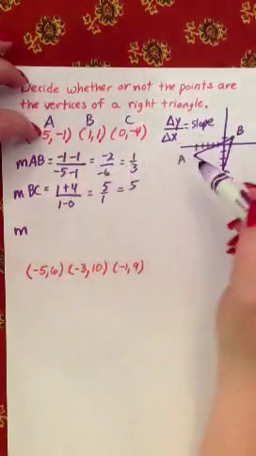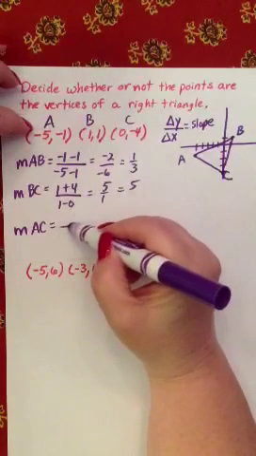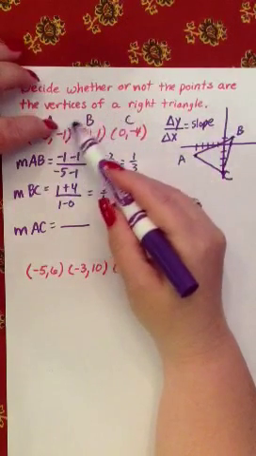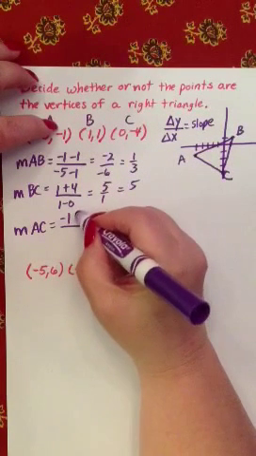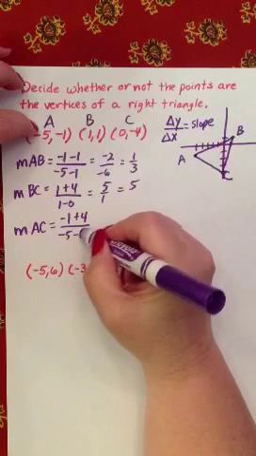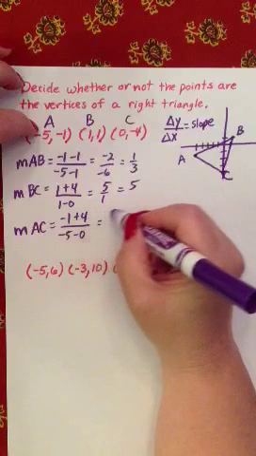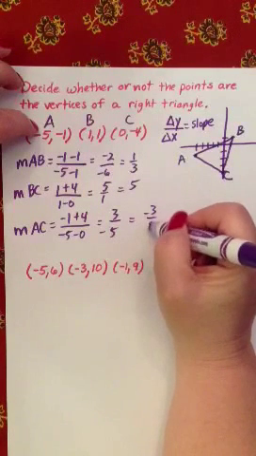And lastly, the slope of AC. So, and just the differences in the y's, so -1 minus -4, which would be -1 plus 4, over -5 minus 0. So this would be 3 over -5, or -3/5.